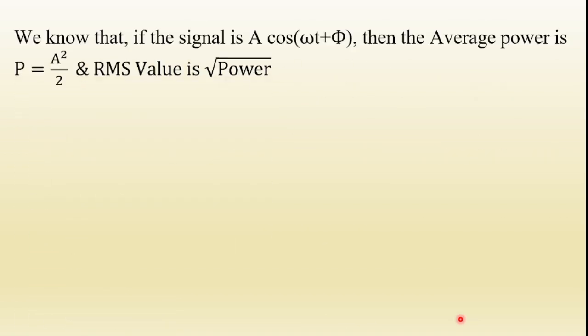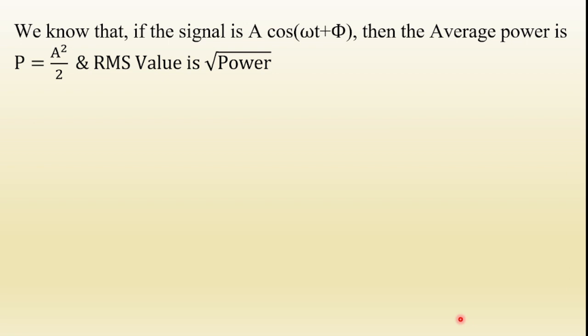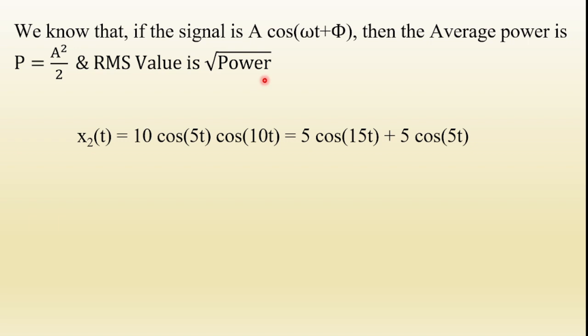We know that if the signal is A cos of (omega t plus phi), the average power of this signal is A square by 2, where capital A is the magnitude of this signal, and the RMS value of this signal is the square root of the power. So now here, what is the signal? The signal x2 of t is 5 cos of 15t plus 5 cos of 5t.